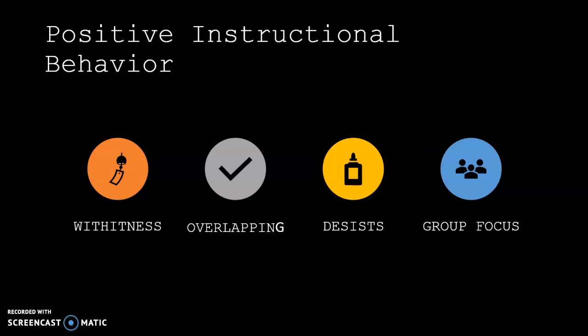Pretty much withitness is whenever a teacher could see behind their back, or having eyes behind their back, but really is that they're paying attention to all of the situations of the classroom at all times, so that they could know whenever a misbehavior occurs, or if there is any other type of problem that needs to be addressed or that can be addressed at a later time.